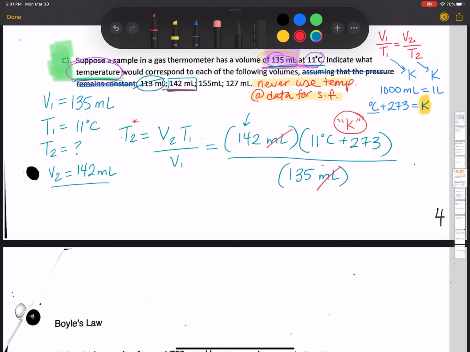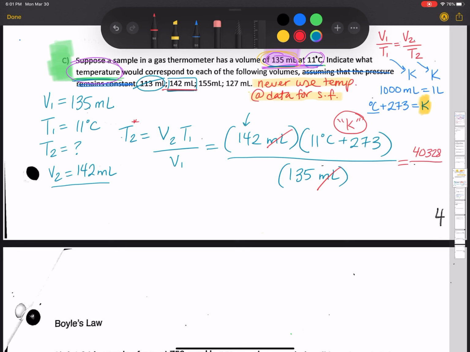So I'm going to first put in my calculator 11 plus 273. And once I get my answer for that, I'm going to then multiply it by 142. I'm going to clear my numerator first. So 11 plus 273, get my answer, and then multiply that by 142. You should end up with 40,328.